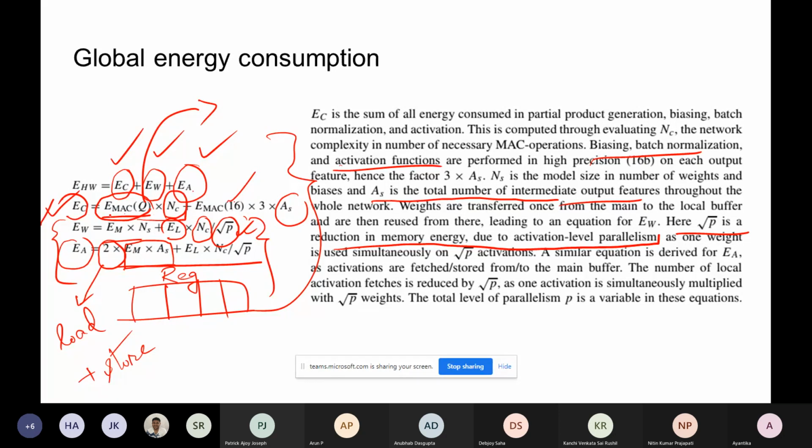In sparsity and pruning, we try to reduce the number of weights or number of activations, and we try to remove some EMAC values, because when there is no operation, of course there will be no consumption of energy. So some EMAC values you can omit. But in quantization, we are controlling this value of Q bit and trying to reduce that EMAC as much as possible.